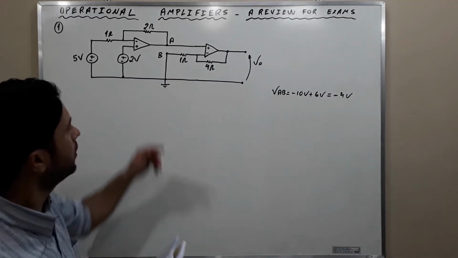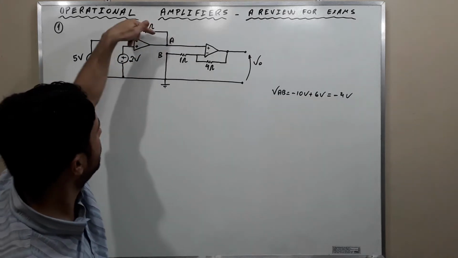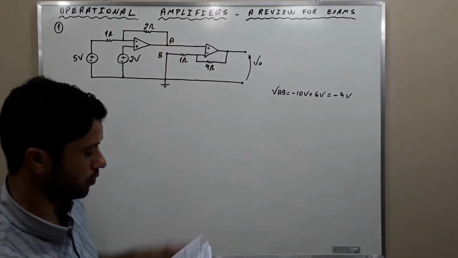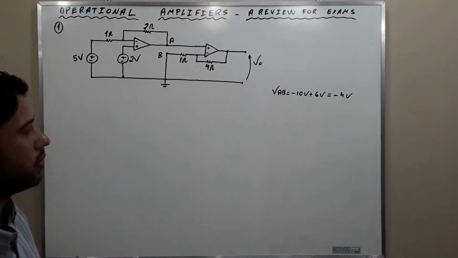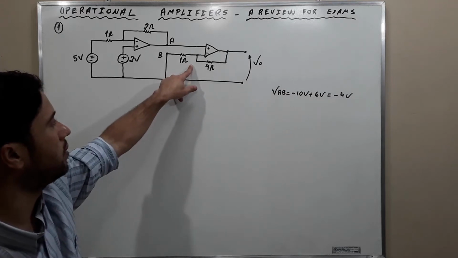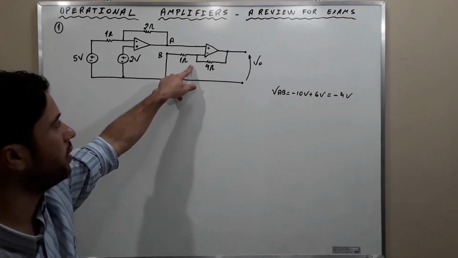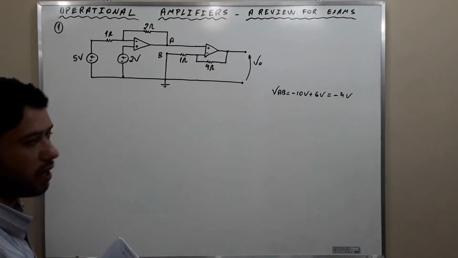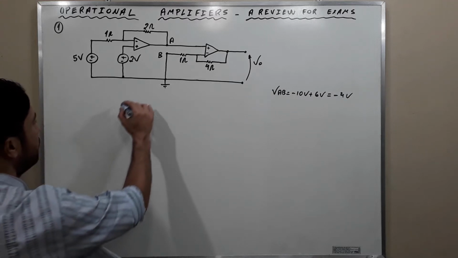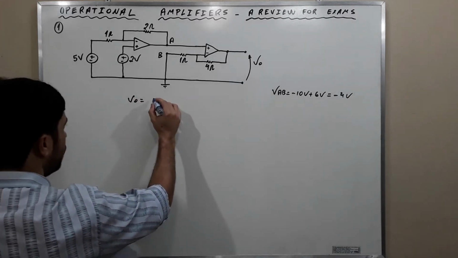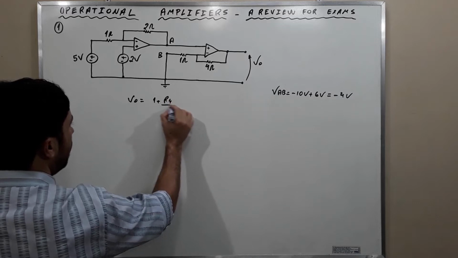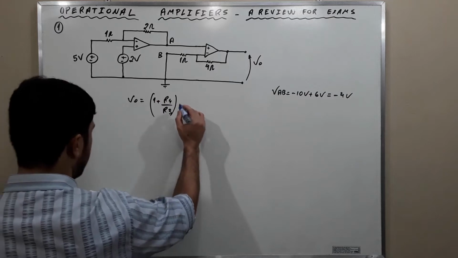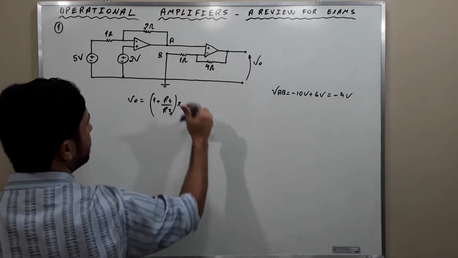Observe here that the signal goes to the positive terminal, to the non-inverting terminal. Then we can affirm that this second operational amplifier is connected in the non-inverting configuration, and thus the output voltage VO is equal to 1 plus R4 over R3 times this voltage here that we found, VAB.